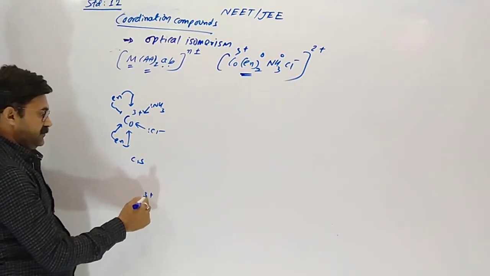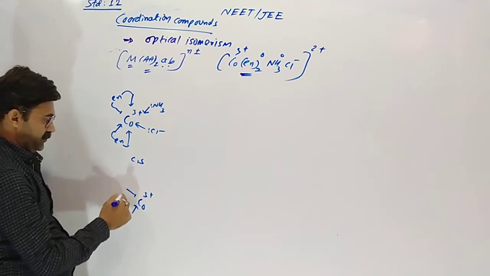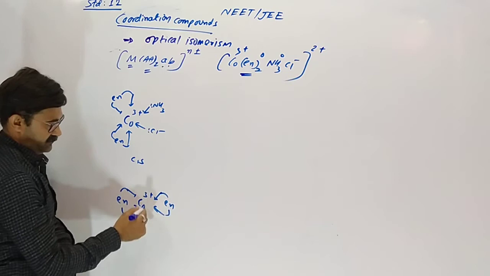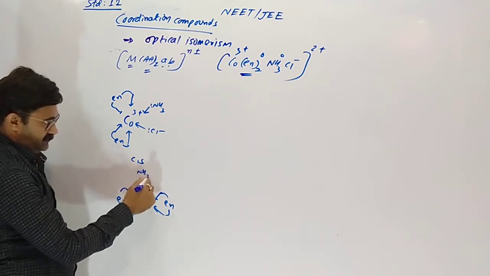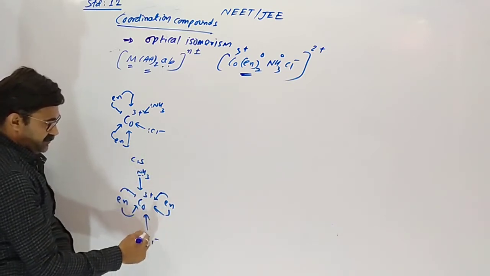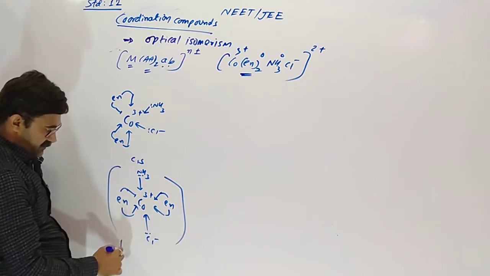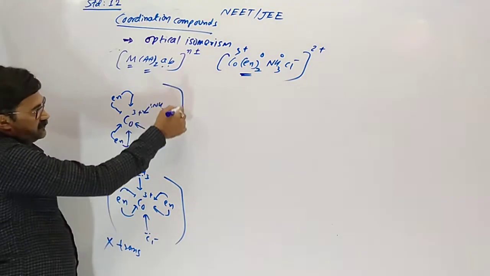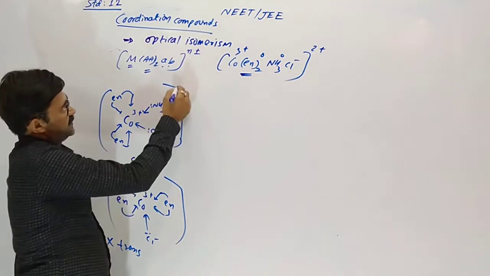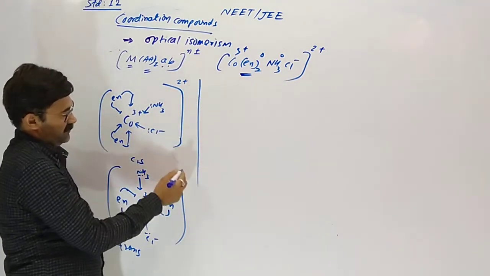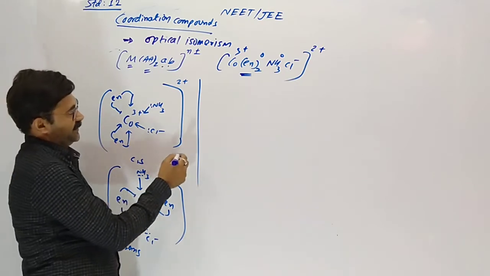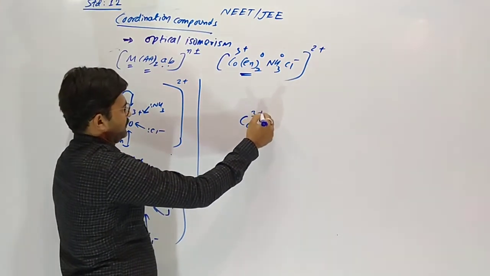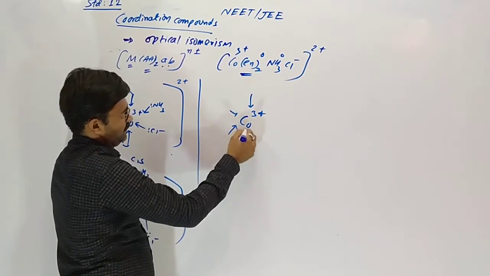If the two En are opposite to each other, like this, then this one is a trans. So trans is not optically active, but here our cis isomer is optically active. Suppose this one is dextro, then the mirror image, which is called the enantiomer.